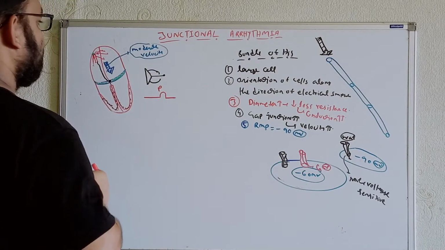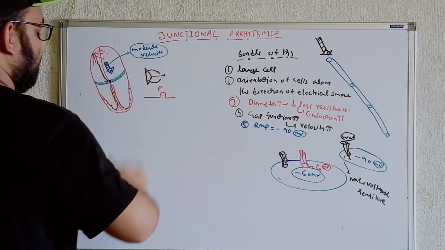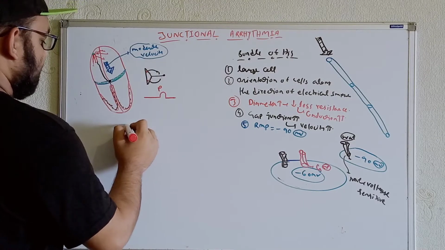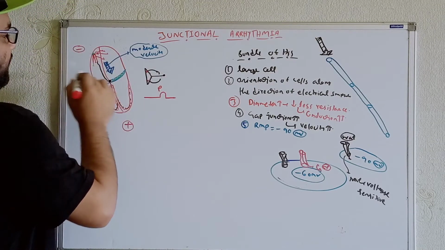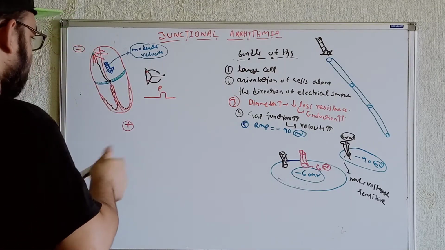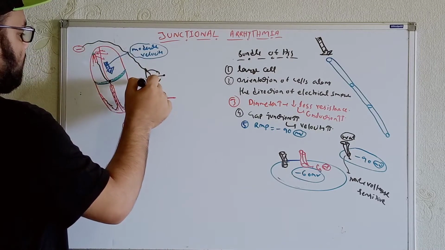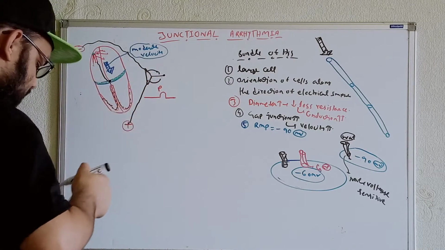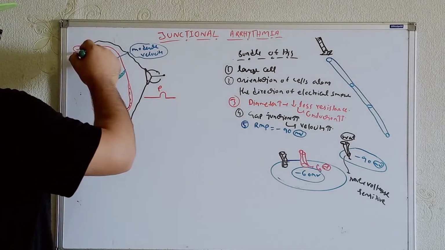For example, let one point be the positive and the other the negative pole of the bipolar limb lead. Now I'm connecting these two sides, and this positive side with this one. It will be the lead axis.